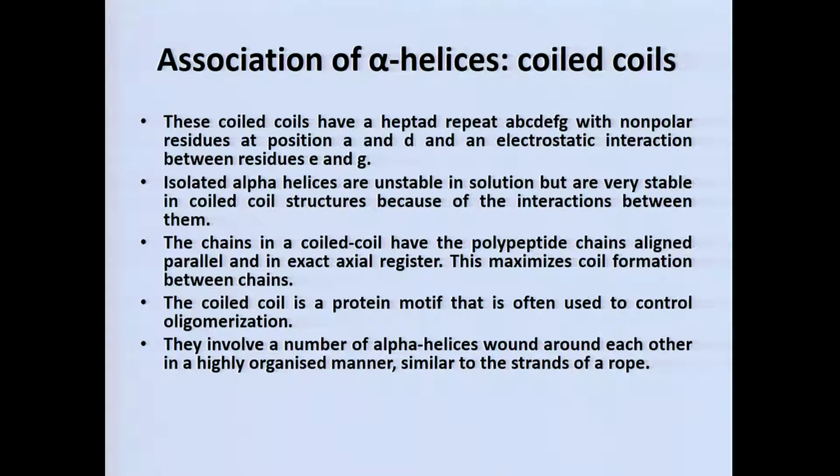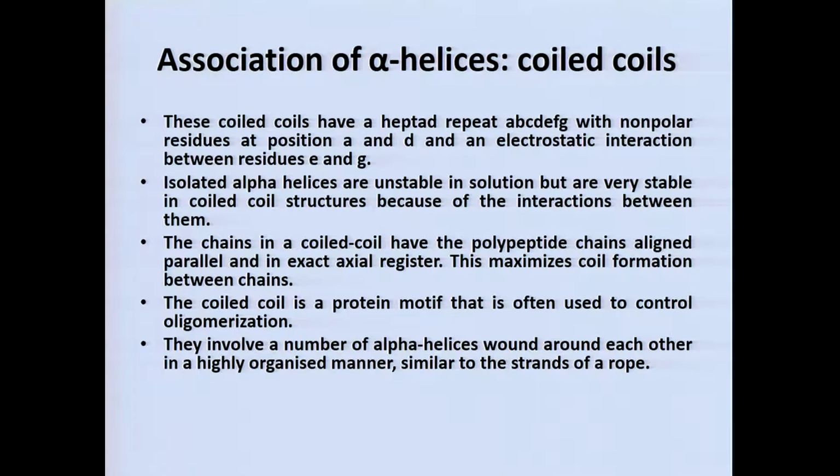The chains in the coils have the polypeptide chains in parallel and in exact axial alignment, and these maximize the interactions, so the polypeptide chains in the coil are almost aligned to each other. That actually makes them more able to form a coiled structure.